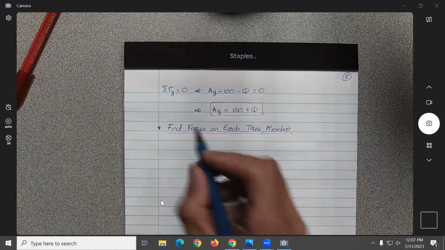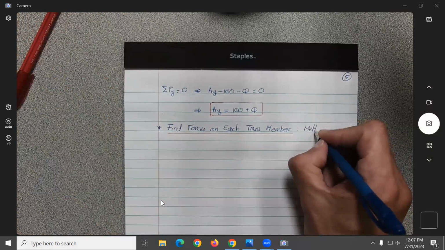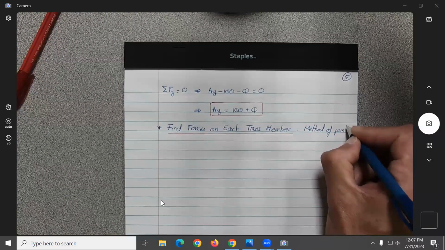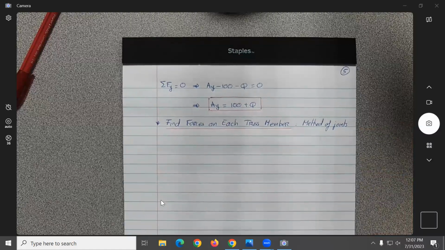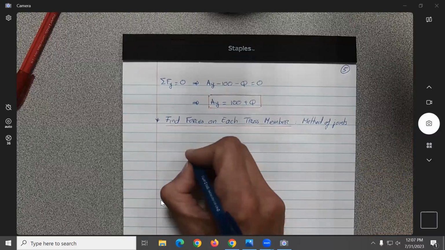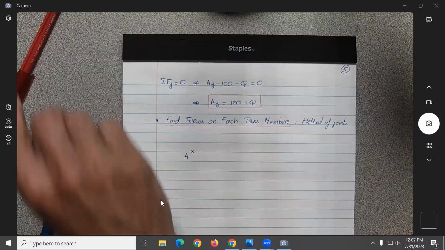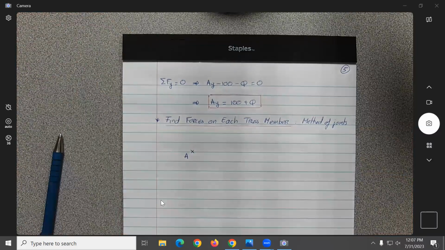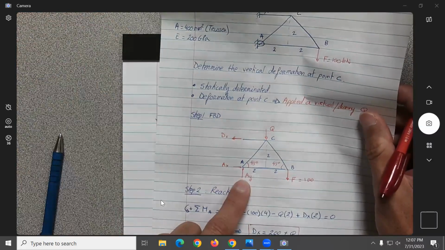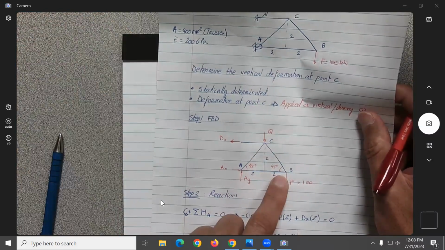Okay, so in order to do that, we're going to use the method of joints. So what is the method of joints? So let's see, we look here at point A. What are the forces being applied at point A? AX, AY? No? The force of the member AC and the force of the member AB, no?